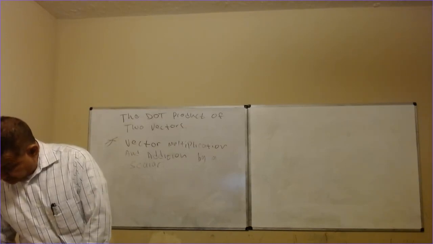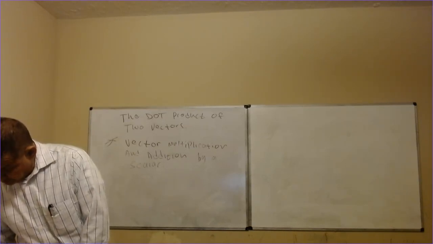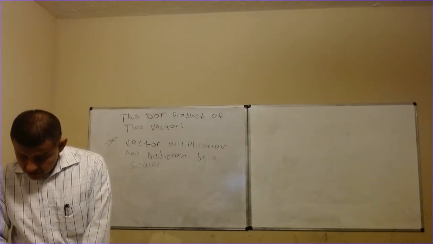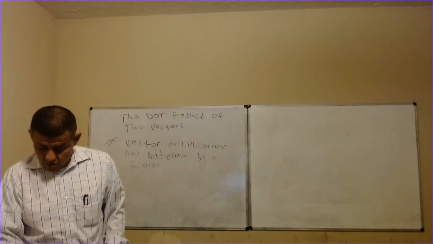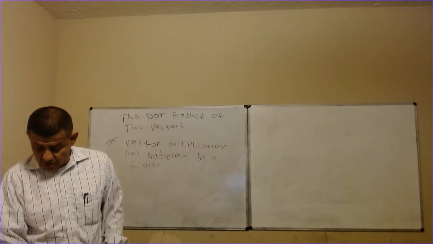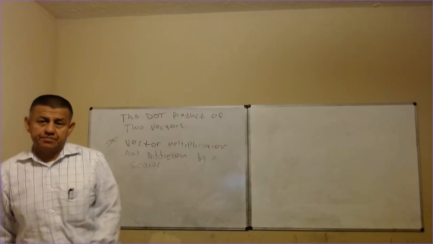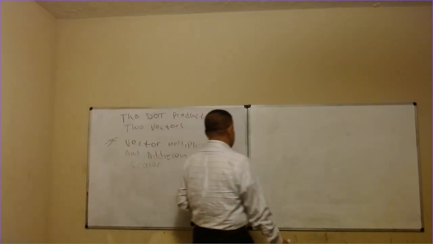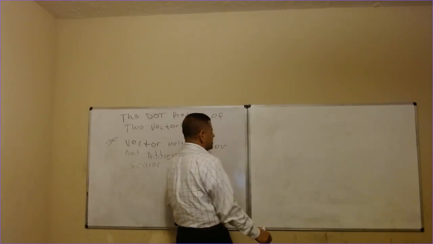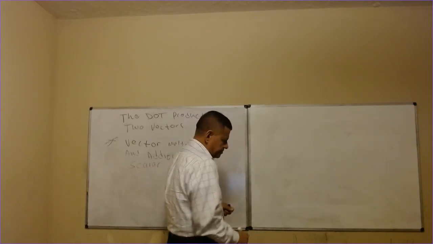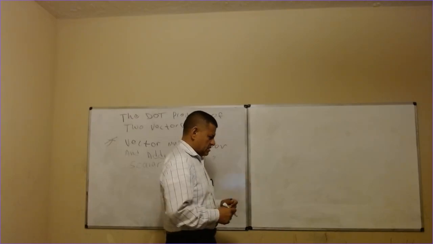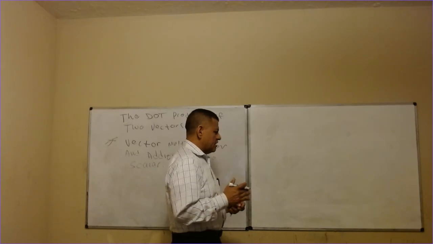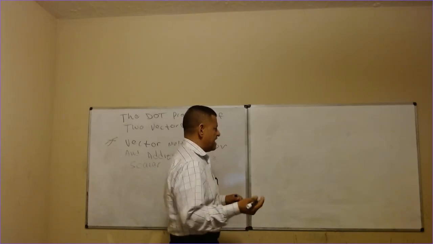So basically, when we say it's going to be a scalar, it's going to be just a number, right? So we talked about before that numbers like weight, time, anything like that is a scalar number. It's just a number. It doesn't have a direction.